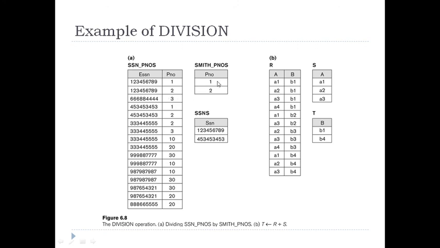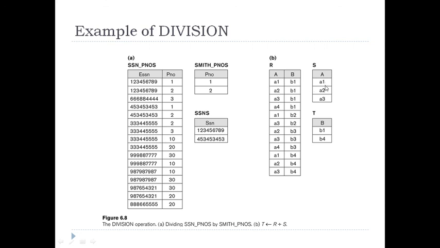But 3 is not there in Smith underscore project numbers, so this will not appear. Then comes 453453453. Now you can see this appears with both the values 1 and 2. That means this will be added to the result. So like this the division operation will work.